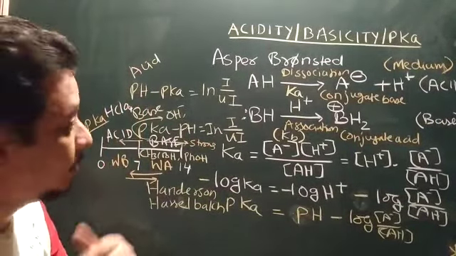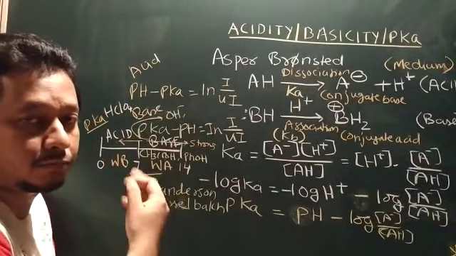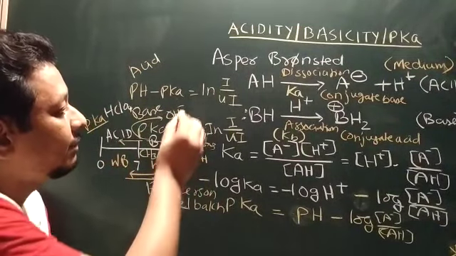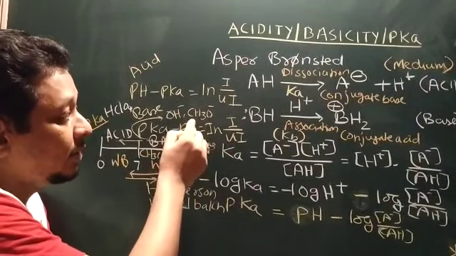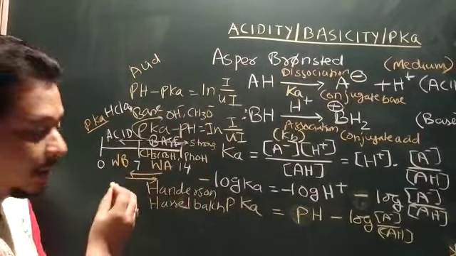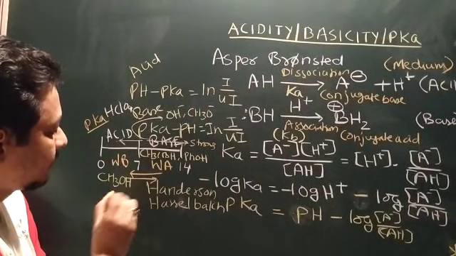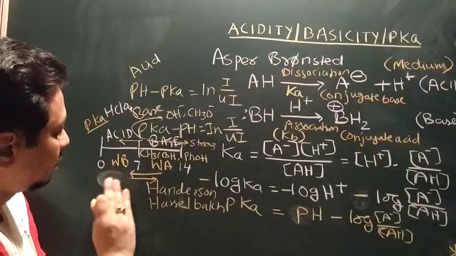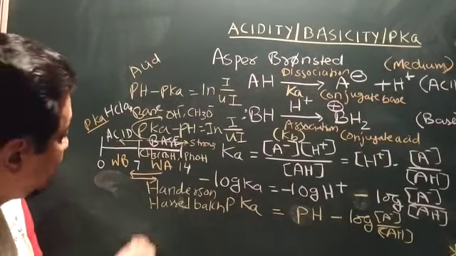Remember, anything in ionized form is a strong base, like sodium methoxide. As weak bases, we can take ammonia.